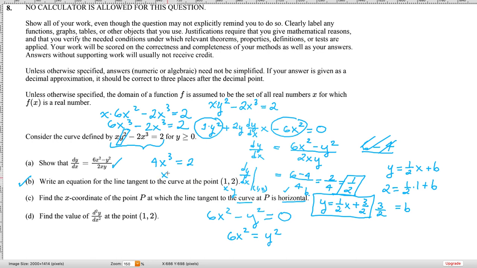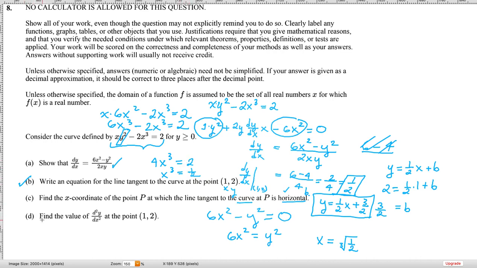I get x cubed is equal to 1/2. And then that means that x is equal to the cube root of 1/2. Did I do everything? Okay, yeah, y is going to be 1/2.